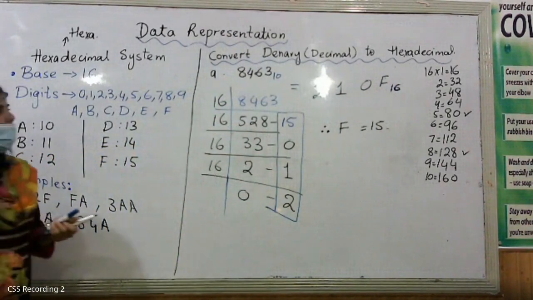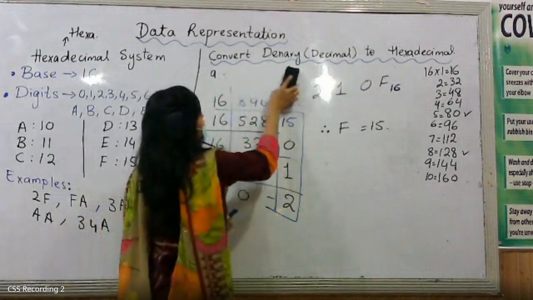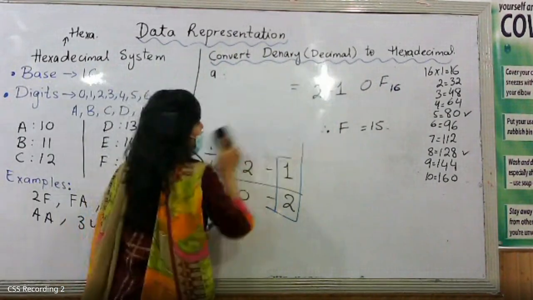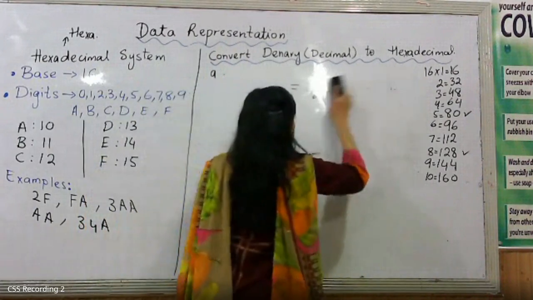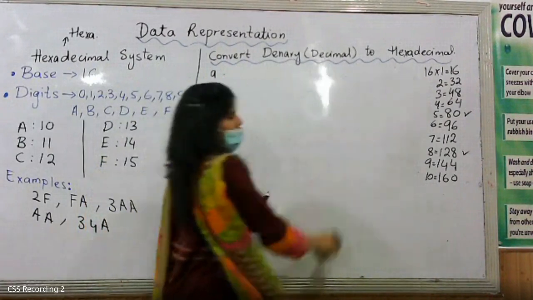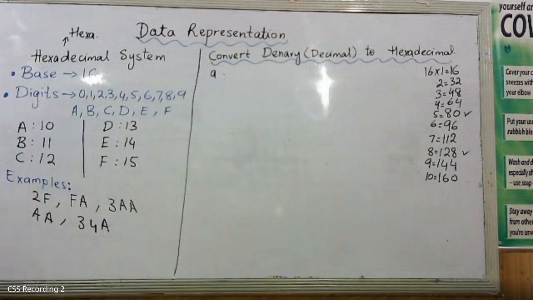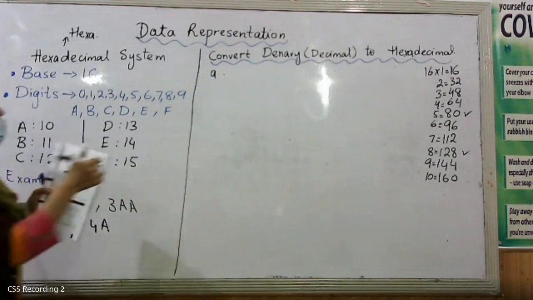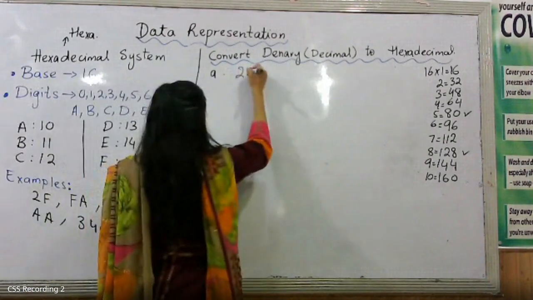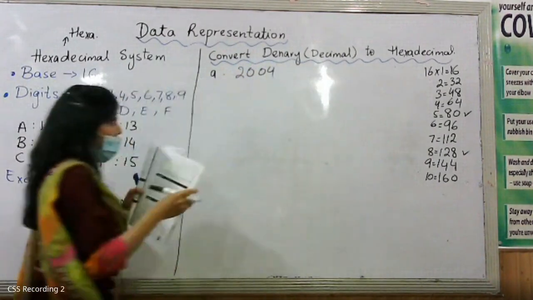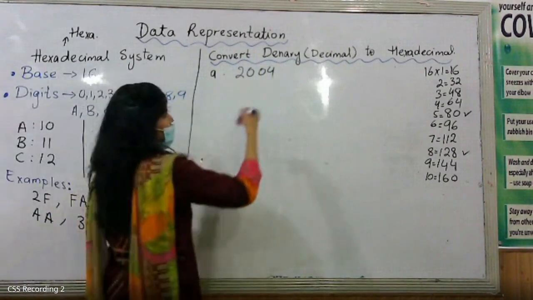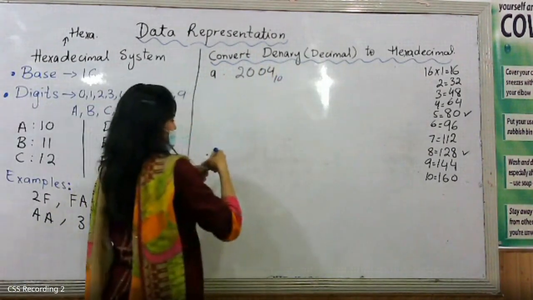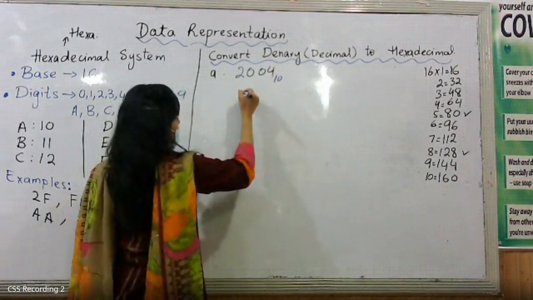Okay, let's do another example. We have 2004, the denary number, same as in the previous case.